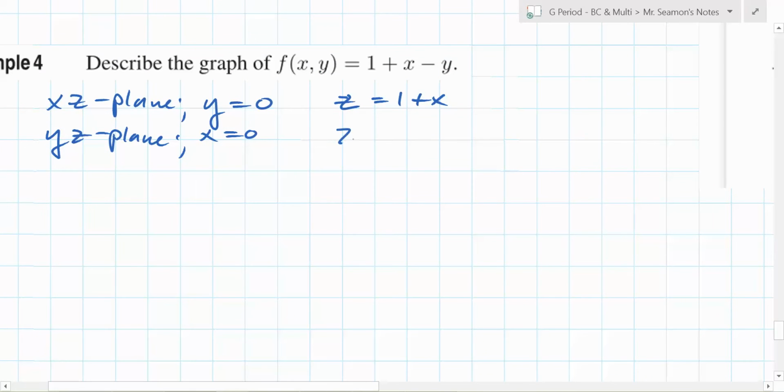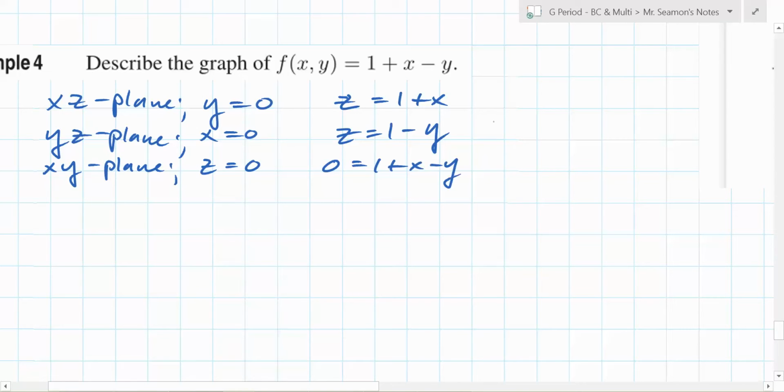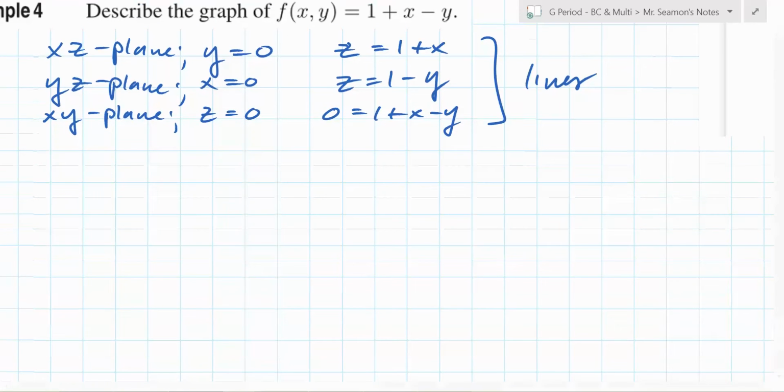So therefore z is equal to 1 minus y. And then what about the last plane, the xy plane, if you wanted to do it, which you can? That's when z is 0. So that's when 0 equals 1 plus x minus y. What are all of these? If you graph those on a single plane, what are they? Lines. They're linear, exactly. So you graph these 3 lines in 3 space.